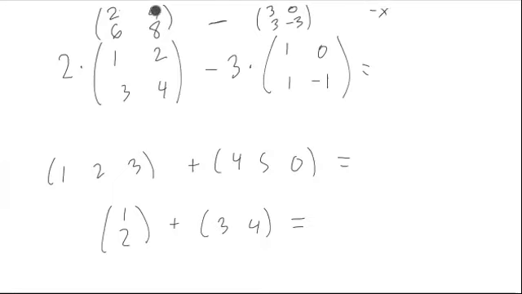We just simply write down the coefficient. 2 minus 3 would be a minus 1. 4 minus 0 would just be 4. 6 minus 3 would be 3. And 8 minus a negative 3 would be 8 plus 3, which would be 11. Therefore, we would have negative 1, 4, 3, 11.